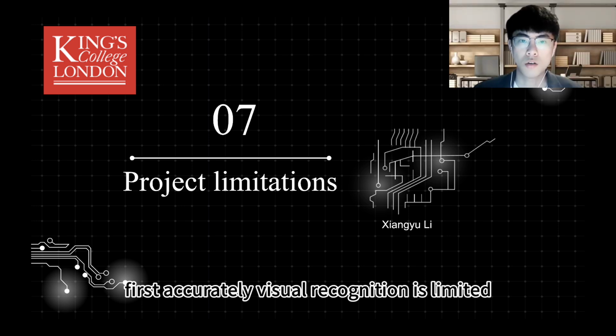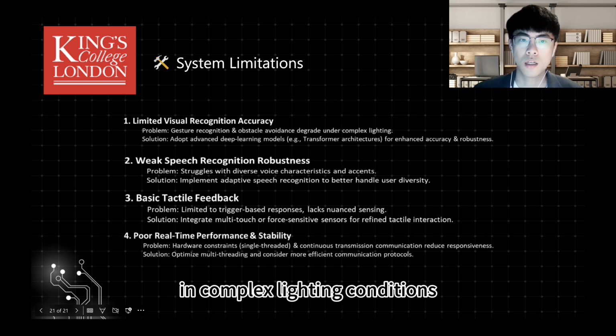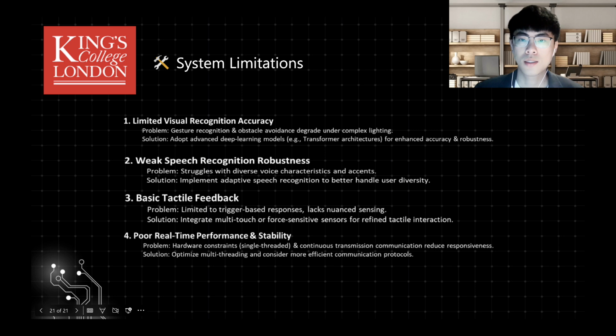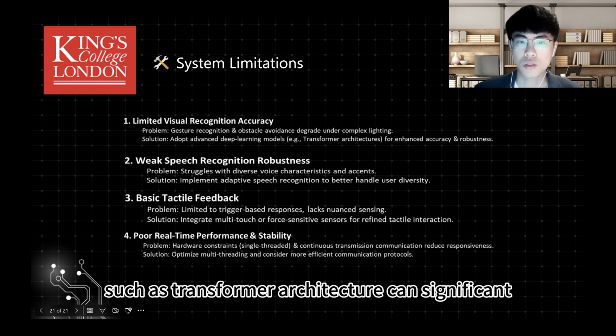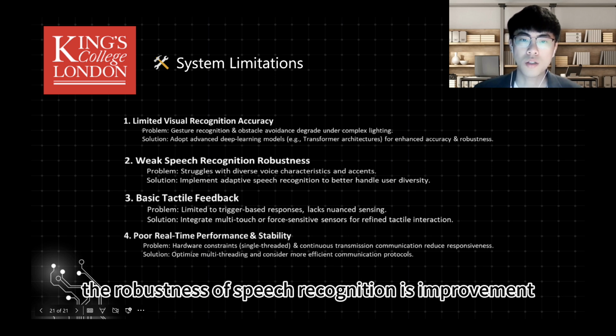First, the accuracy of visual recognition is limited in complex lighting conditions. The effectiveness of gesture recognition and obstacle avoidance may decrease. To address this, introducing more advanced deep learning models, such as transformer architectures, can significantly enhance both the accuracy and robustness. Second, the robustness of speech recognition needs improvement.